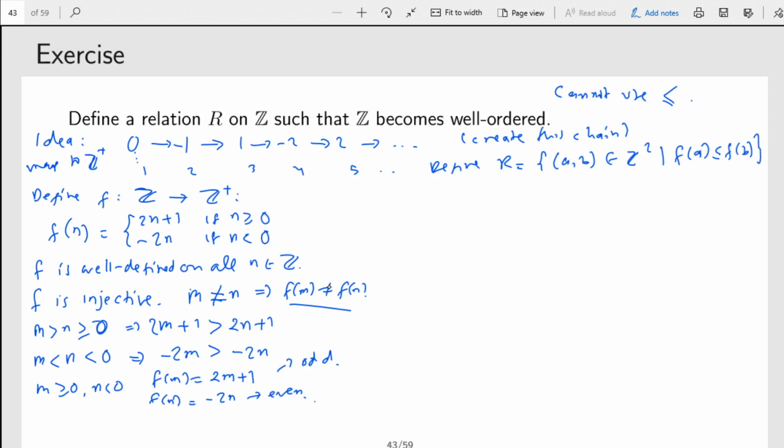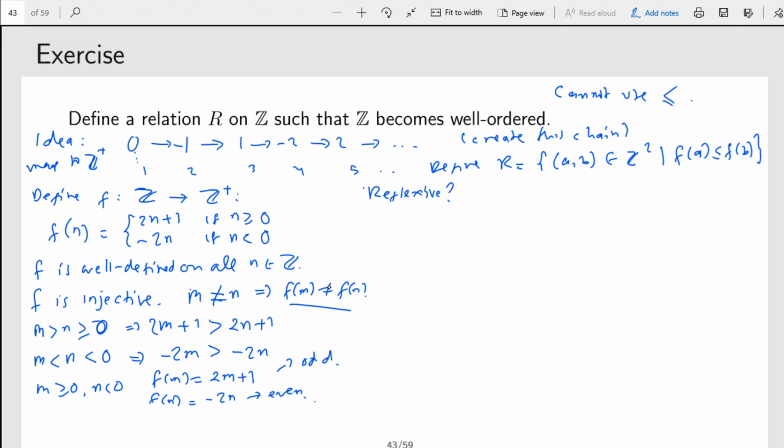Now we need to show that this is actually a total order. So is it a total order? Well, is it reflexive?